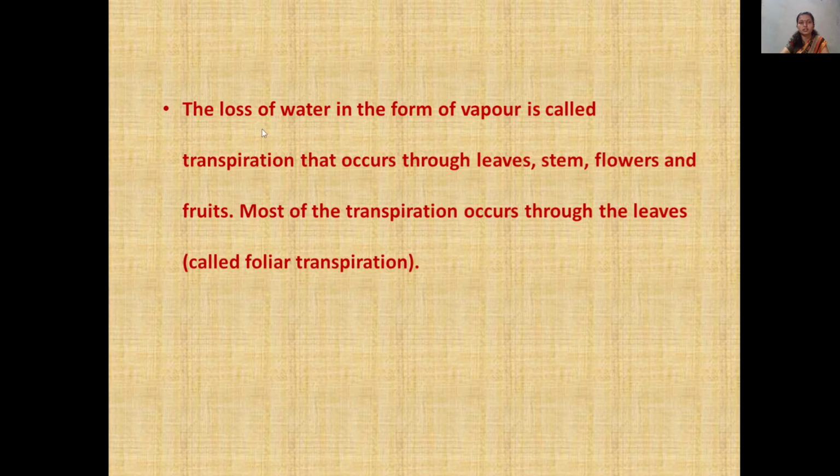Next slide. The loss of water in the form of vapor is called transpiration, which occurs through leaves, stem, flowers and fruits. Most of the transpiration occurs through the leaves.